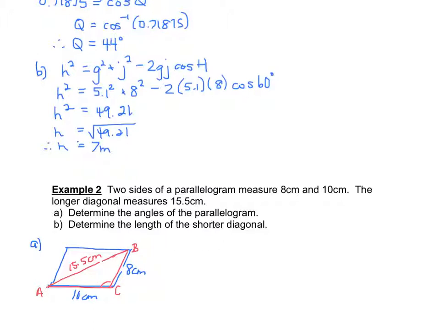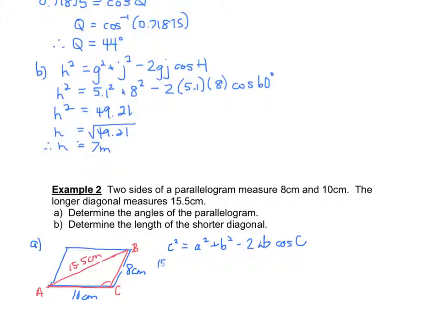So then in our cosine law, we would start off by writing C squared equals A squared plus B squared minus 2AB times the cosine of angle C. And then we'll fill in our three side lengths.